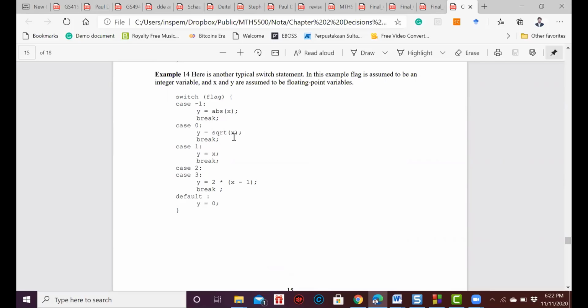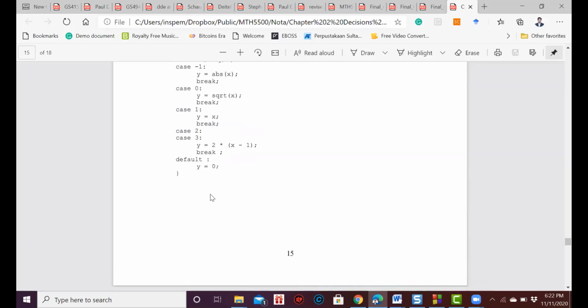This is just an example. Case 1, then y equals x. Case 2, 3, then the formula is given here. By default, y equals 0. Look, we don't have a break here because the end of the default is optional. Default is optional.